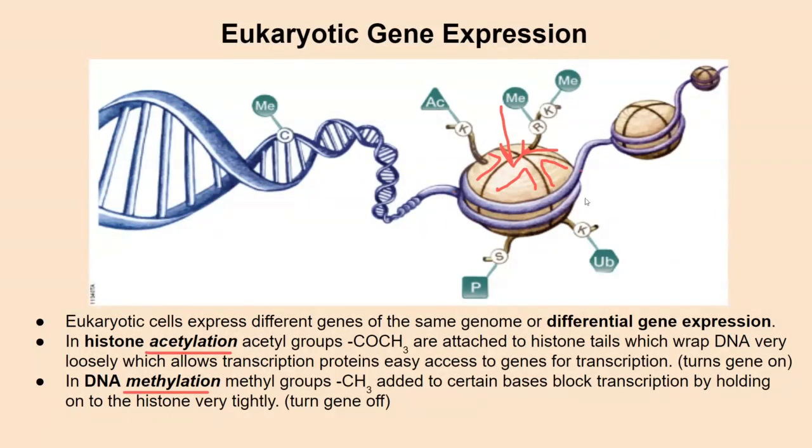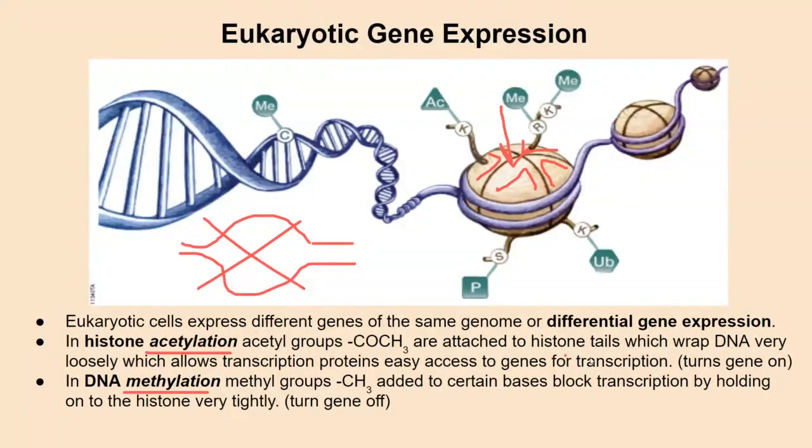Now, depending on how tightly that DNA is wrapped, the RNA polymerase may or may not be able to reach the DNA. Remember, RNA polymerase has to create a transcription bubble. And if it's very tightly wrapped around the histone, we will not be able to make a transcription bubble to be able to start the transcription or gene expression process.